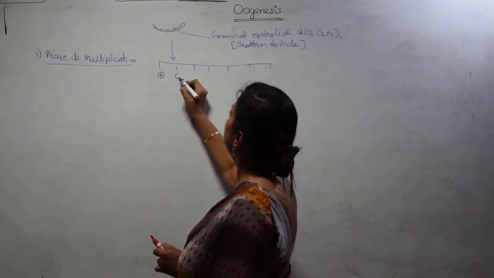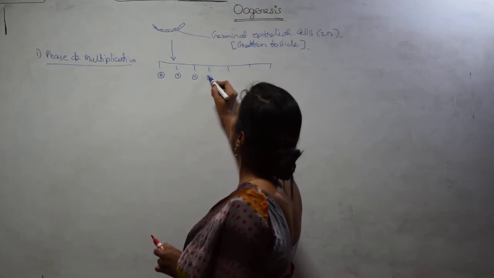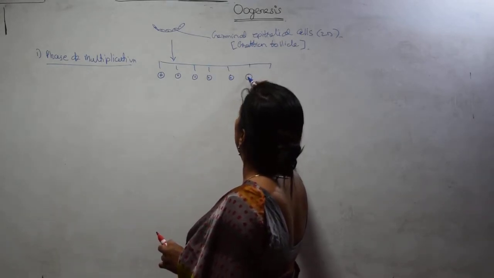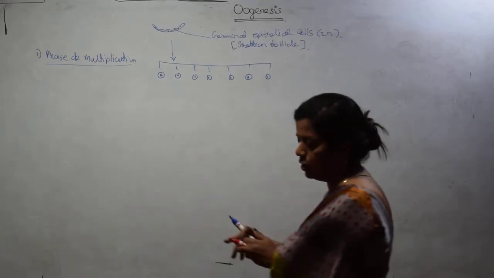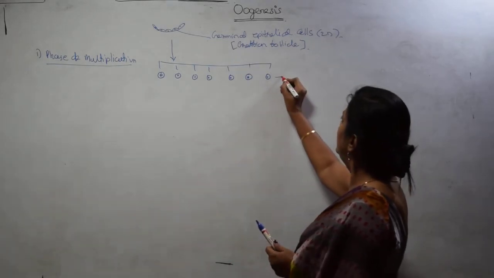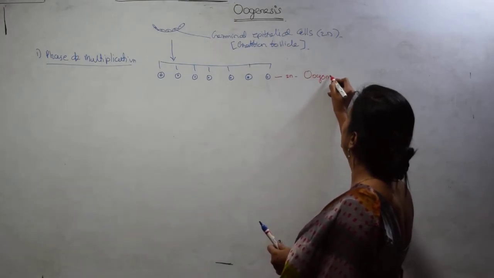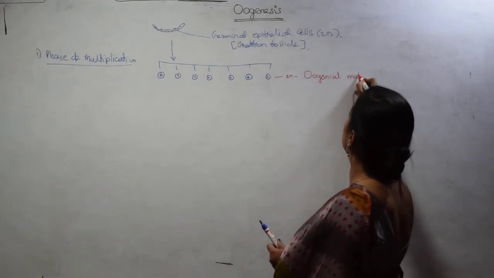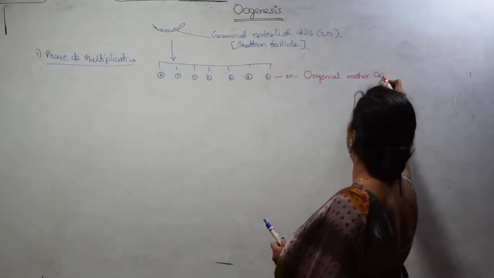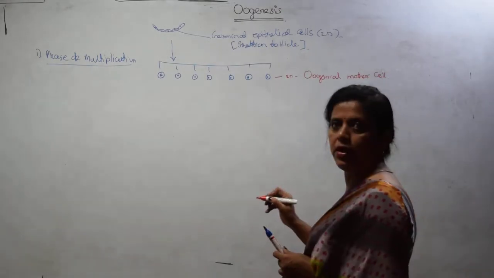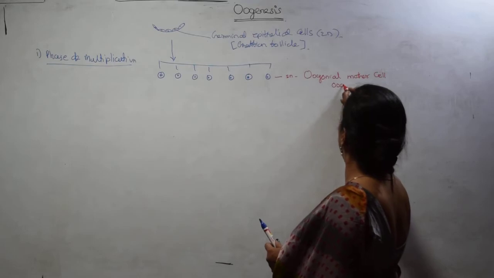These are nothing but the oogonial mother cells or oogonia, right? Let me first write how they are. They are diploid in nature. These are called oogonial mother cells or oogonia. This is called oogonia.